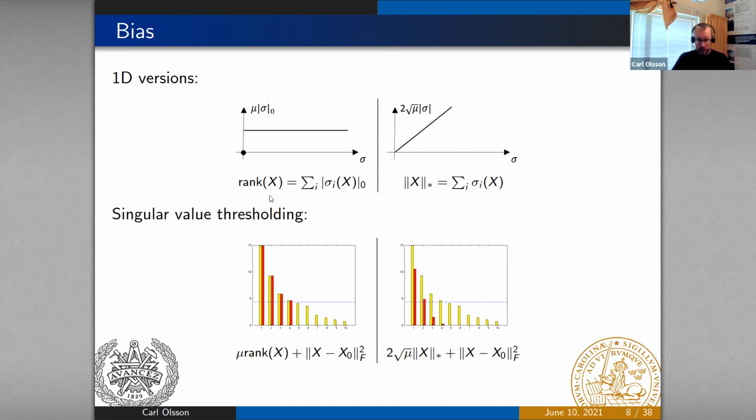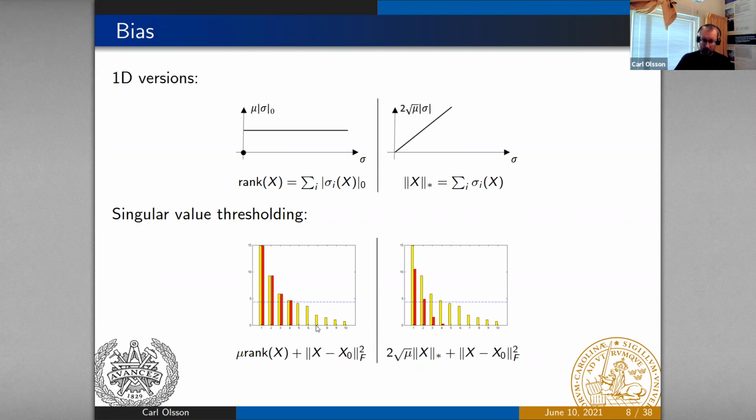Yes, okay, so the nuclear norm is one example of this. If you do have a lot of noise and you need to suppress that, if you do it with a soft rank penalty like this, so these are now singular values of the matrix X0, the yellow ones, and then the blue line is the square root of mu, which is the threshold basically. Then what you'll get are these red bars.